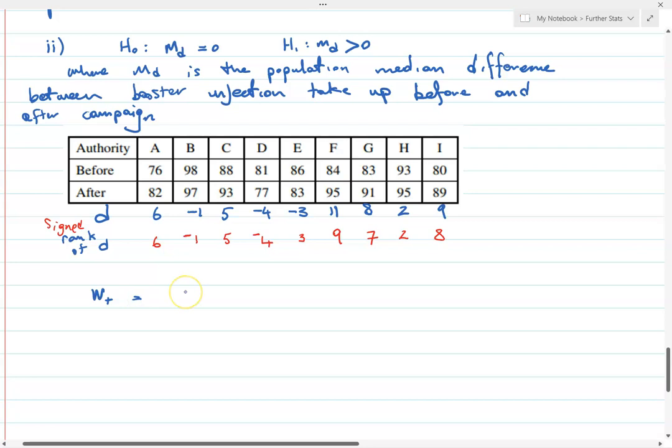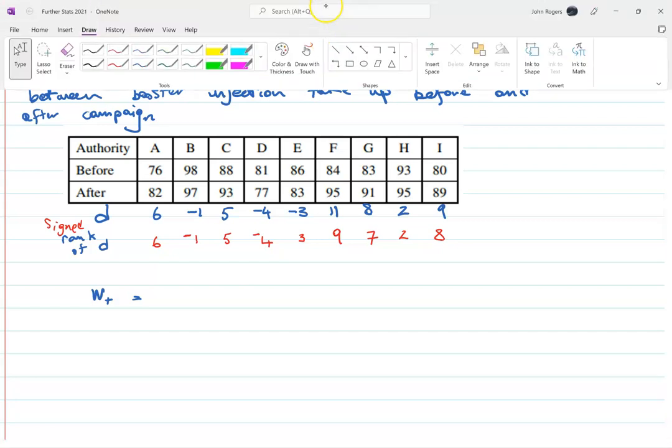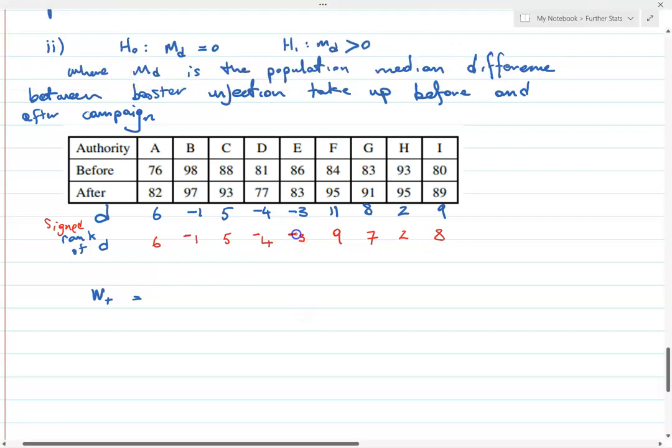That's equal to the 2 plus 3. Oh, so I just noticed I've missed out a negative signed rank there. The -3 there.